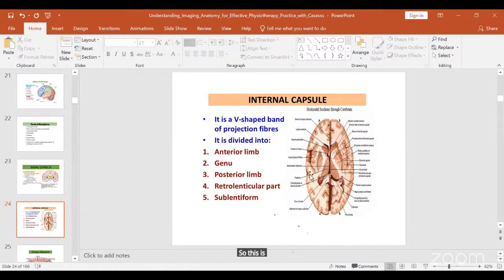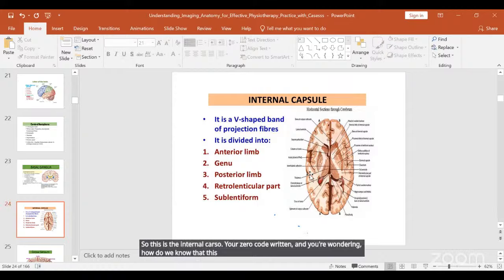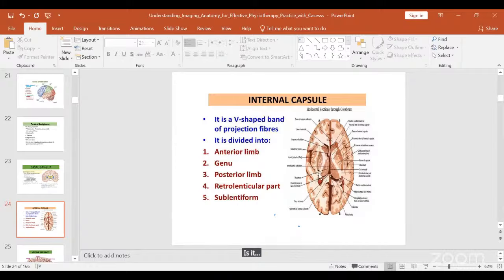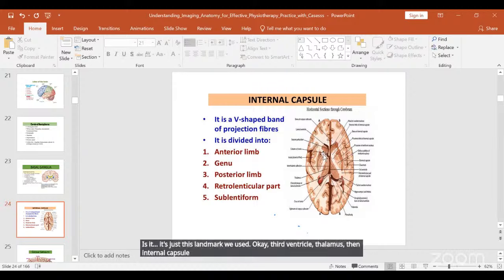So this is the internal capsule. You see reports written and you'll be wondering, how did we know that this occurred at the right internal capsule or left internal capsule? It's just this landmark we used. Third ventricle, caudate nuclei, thalamus, then internal capsule. The internal capsule is a white matter connecting fiber.